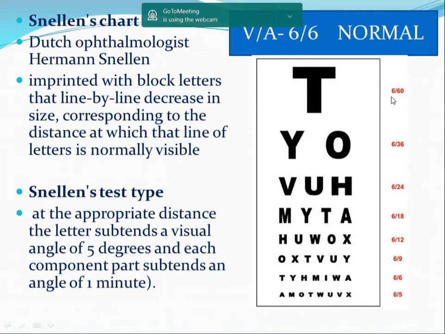Understood? So when we say 6 by 60, this letter T is seen by a normal patient who does not have any refractive error from a distance of 60 meters. Similarly, these two are seen by normal patients at 36 meters. Understood? So like that.